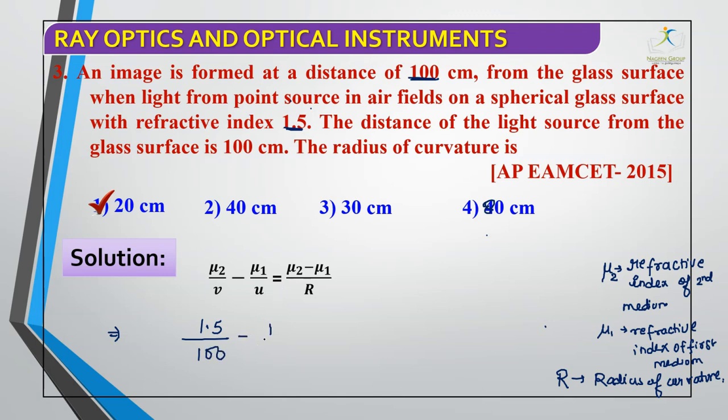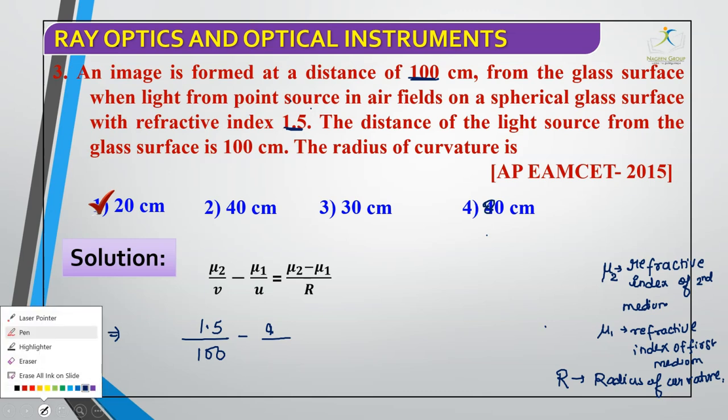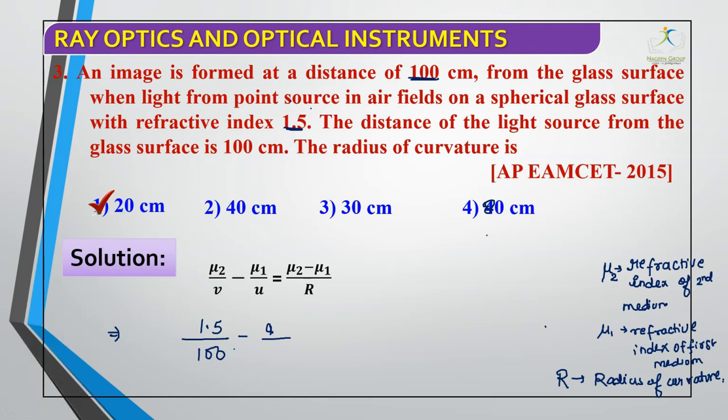We are taking glass, so air, and in the case of air, μ1 is 1. The value of u is given: the glass surface is located at 100 centimeters. Again 1.5 minus 1, divided by the radius of curvature which we have to find. So with a little solution, we get the result 20 centimeter.